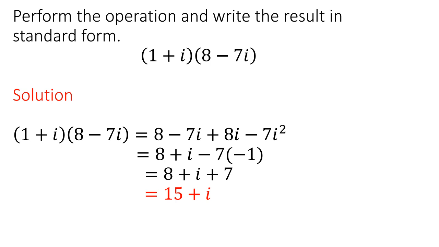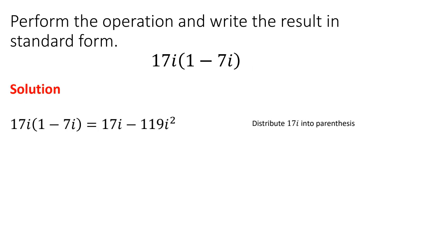All right. So let's have one where I have a complex number that is just i times a complex number that has a real and imaginary part. This one's no different. This is just a distribution of the 17i to this complex number. So when I distribute, 17i times 1 is 17i. 17i times -7i is -119i squared.